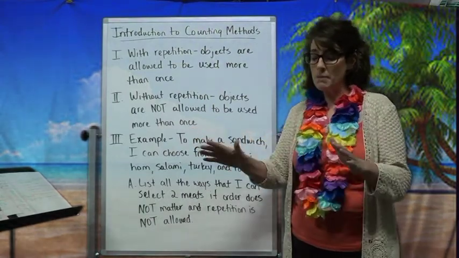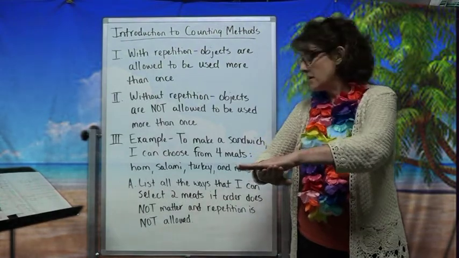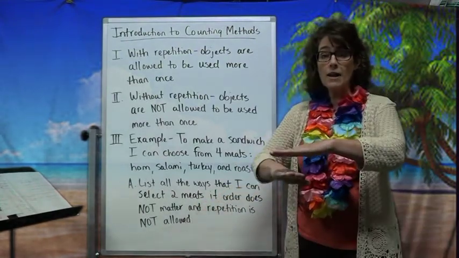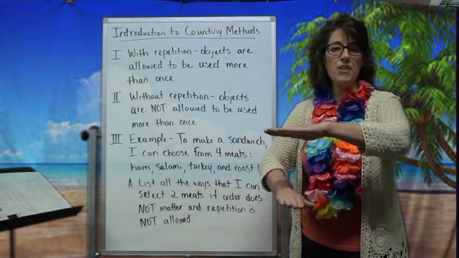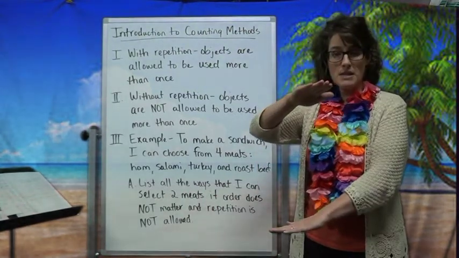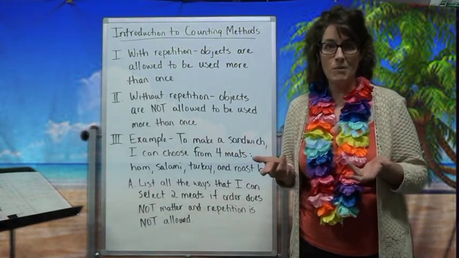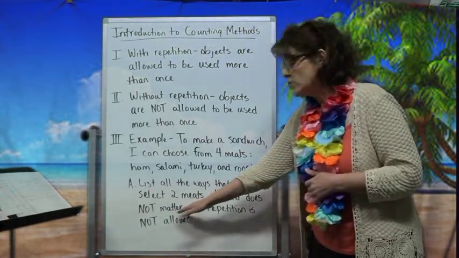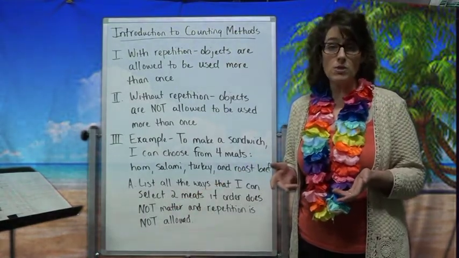So in other words, I'm making my sandwich, I put ham down here and then I stack salami on top of that. Now if order does not matter, then that means ham down here, salami up here is the same thing as salami down here and ham up here, because the flavor is going to be the same no matter what. So if order does not matter, then the way I select them makes no difference at all.